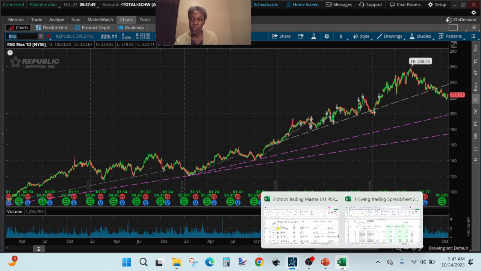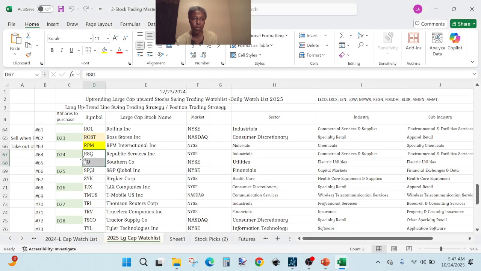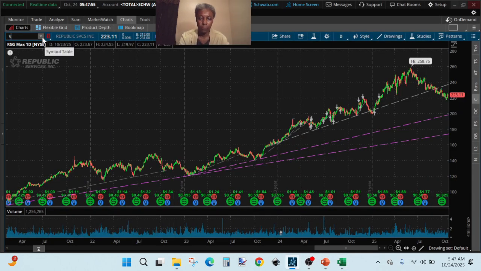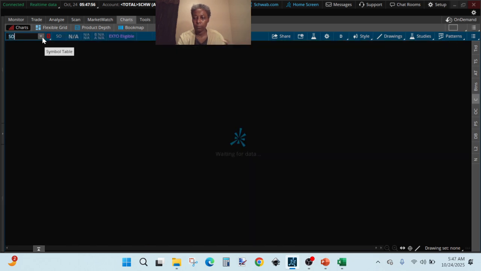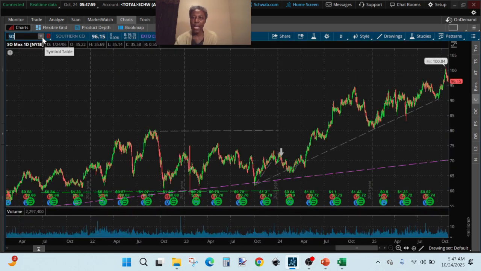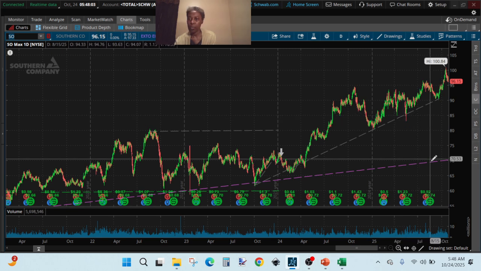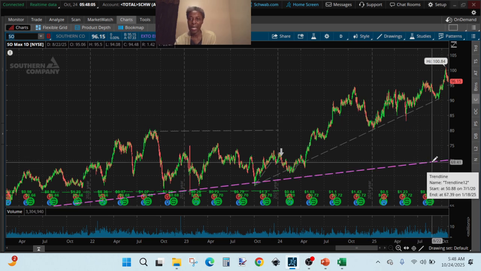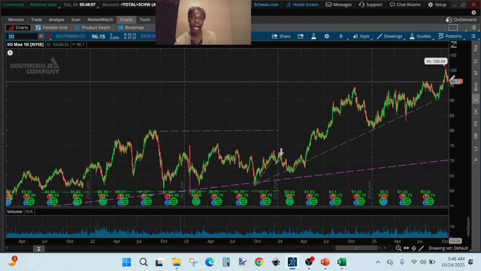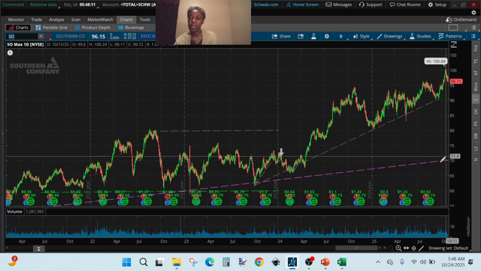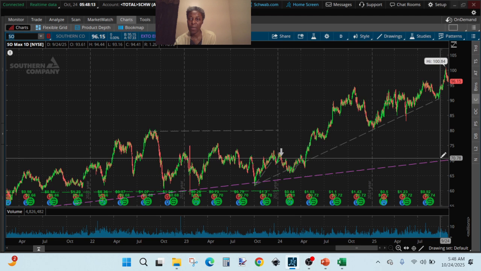We are going to go to the next one to analyze, which is SO. We have this support line we like to buy at, and right now it is higher up. So yesterday the price went down, but it's nowhere near where we want to buy.